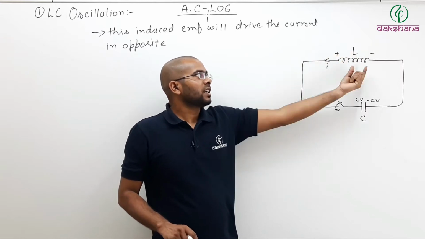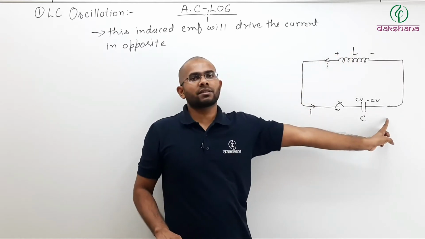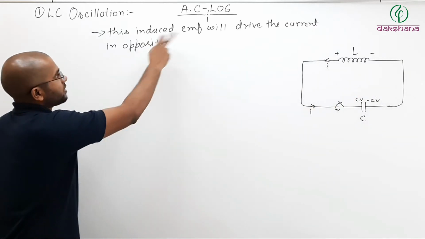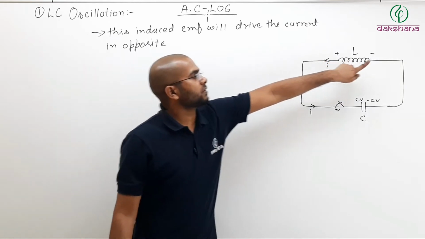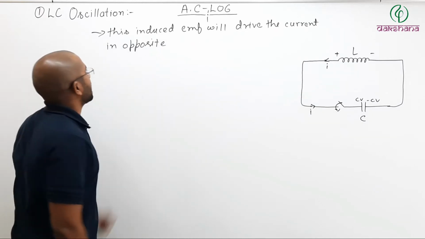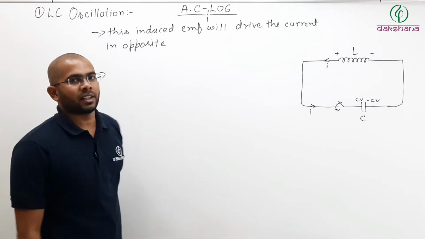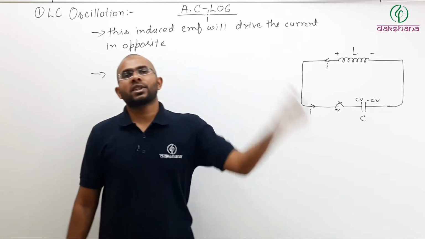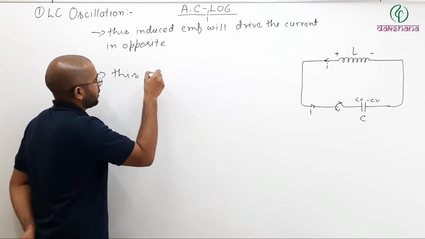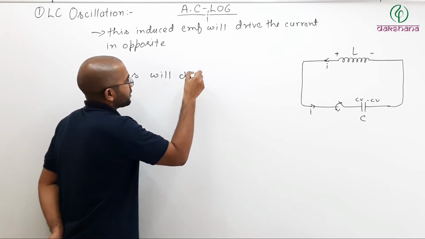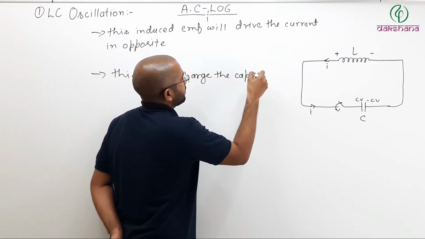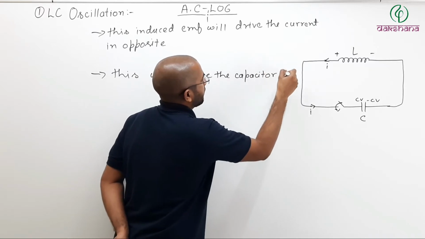This magnetic field energy will be driven again back into the circuit, and the capacitor will become charged again. So this induced EMF in the inductor, because this is positive and this is negative, will drive the current in the opposite direction, and because of this current, the capacitor will be charged again. So this will charge the capacitor back again.